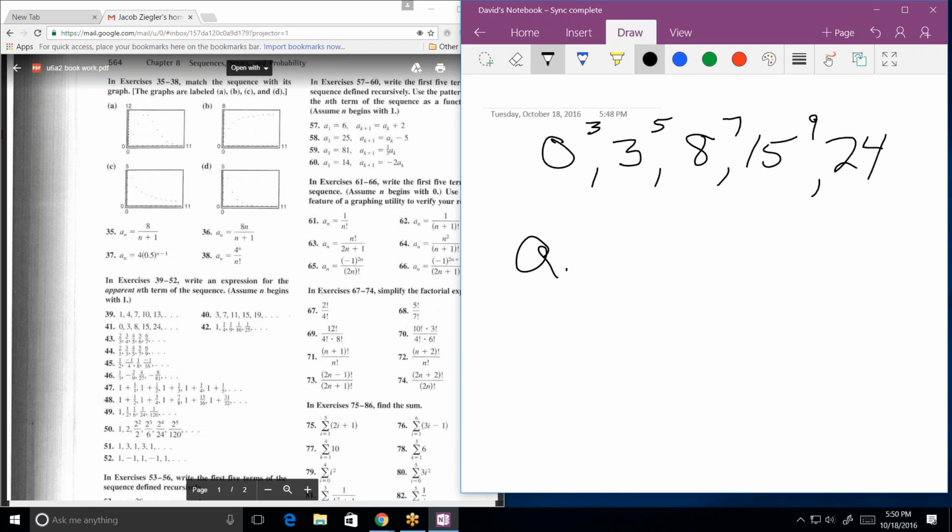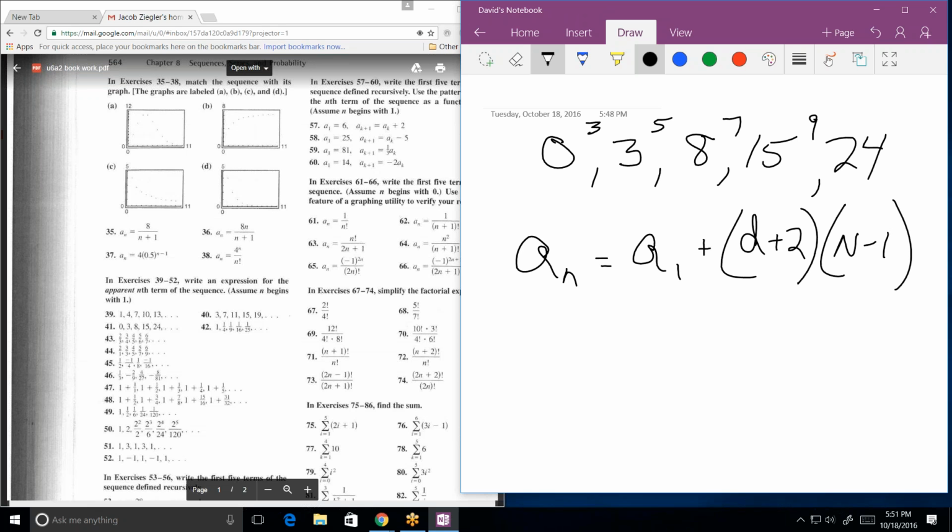A sub n must be, well, let's try a sub 1 plus, the common difference keeps getting bigger. So would it be maybe d plus 2 times n minus 1? That work?